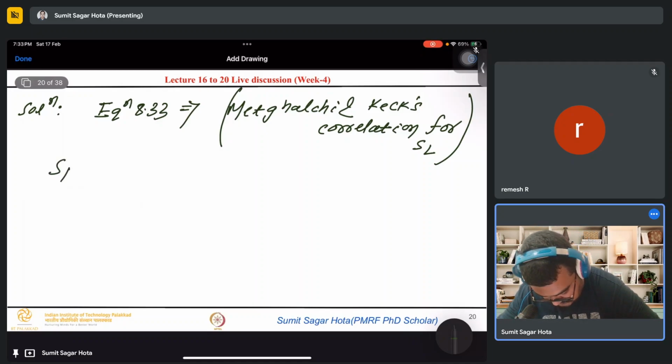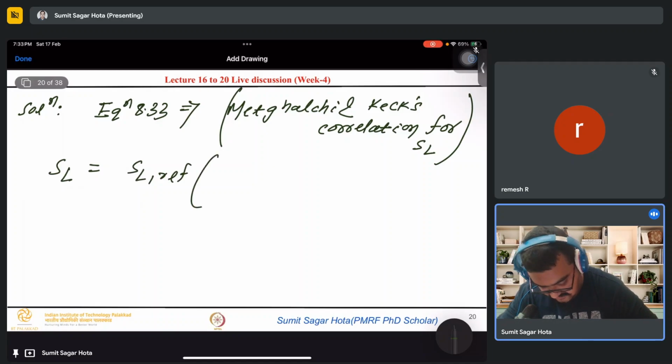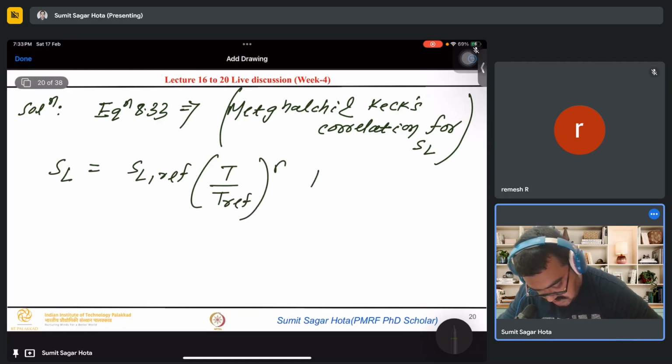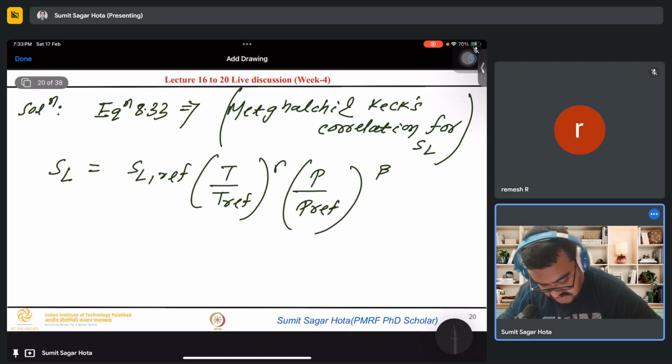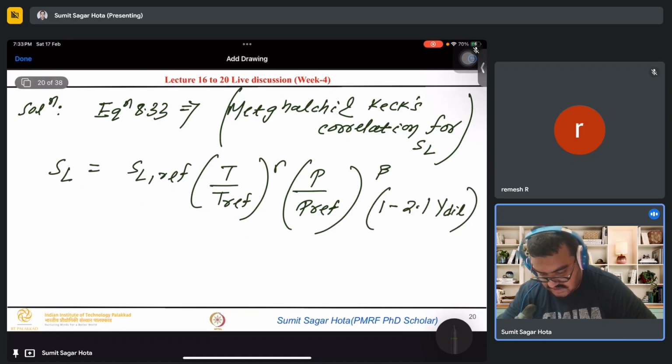So SL is your laminar flame speed: SL equals SL,ref times T, the actual temperature, by reference temperature to the power gamma, which is some constant, times P, your pressure, by reference pressure to the power beta, which is some constant, times 1 minus 2.1 Y dilution. That determines how much air and fuel are mixed.